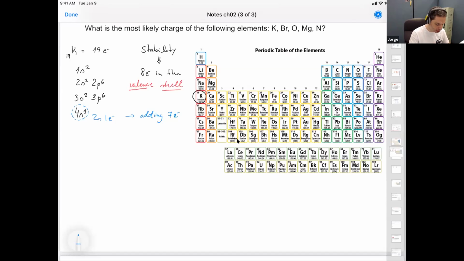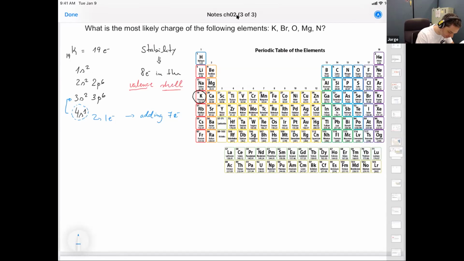However, look at the electron configuration of potassium. Look at the shell right above the valence shell. How many electrons do you have there? You have exactly 8 electrons.